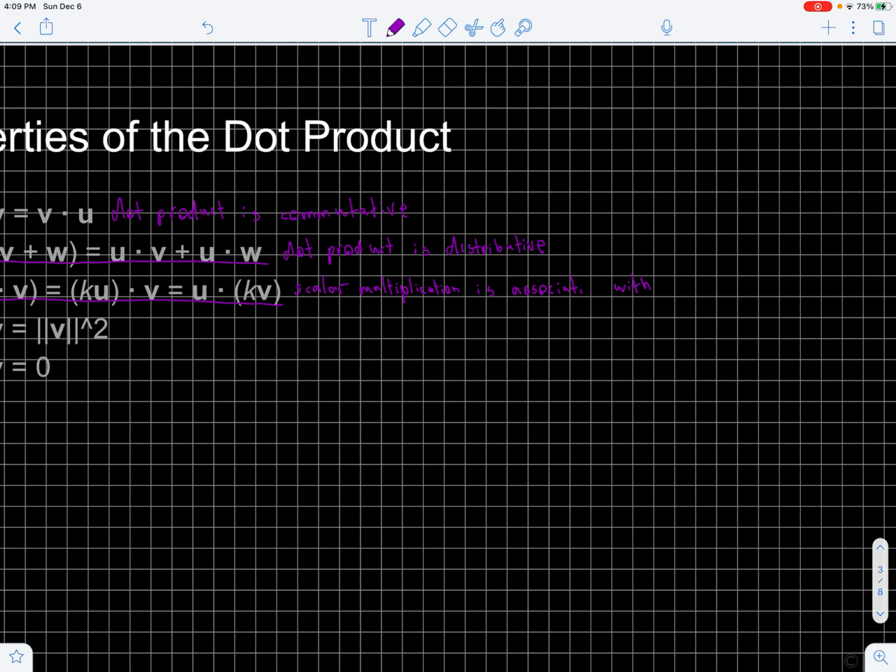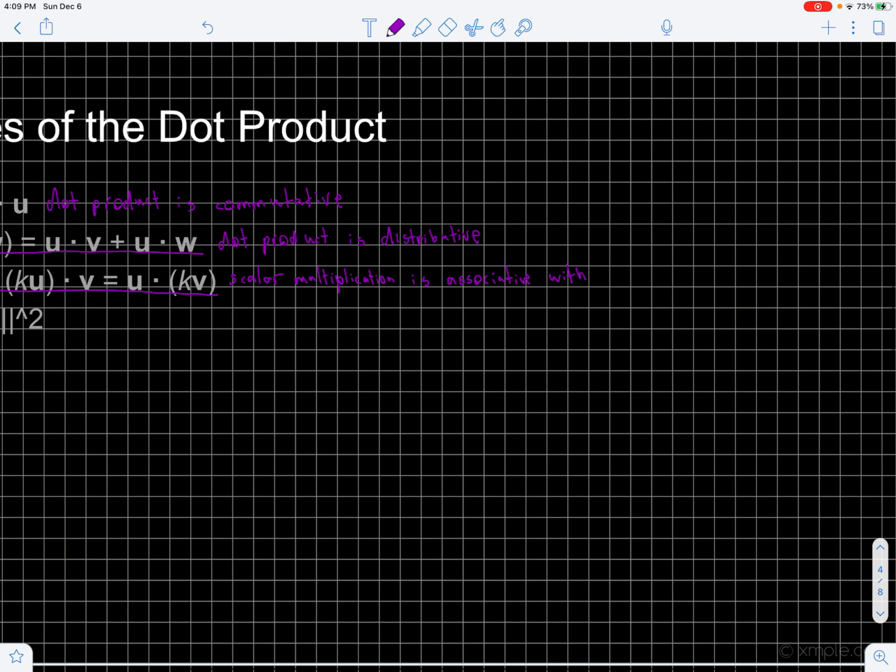Doesn't matter if you multiply the scalar by the actual dot product or the scalar by either of the vectors, you will get the exact same number at the end.